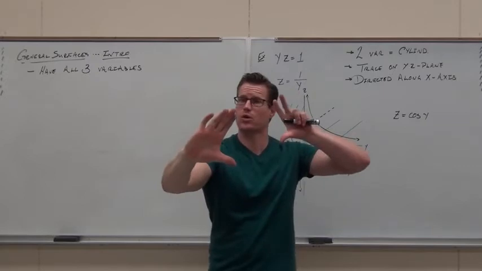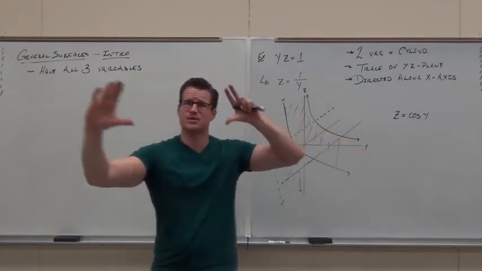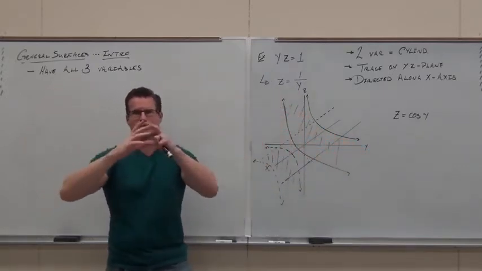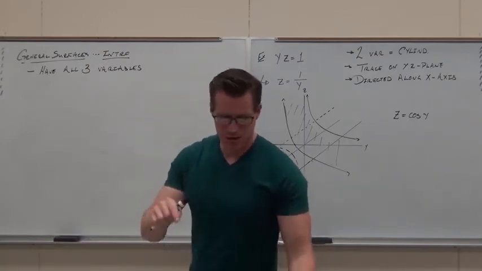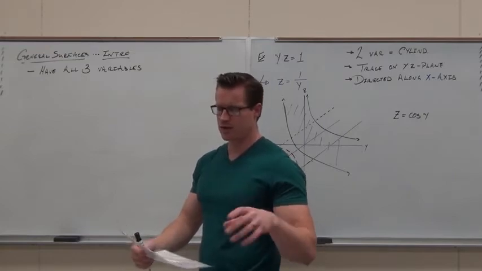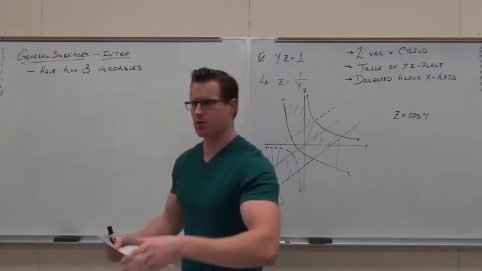If one doesn't happen on a coordinate plane, or even if it does, I also want to know what happens later. Does it get bigger? Does it get smaller? How does it change? So we're going to have these traces at a few different spots, but they occur on coordinate planes or on planes parallel to coordinate planes.